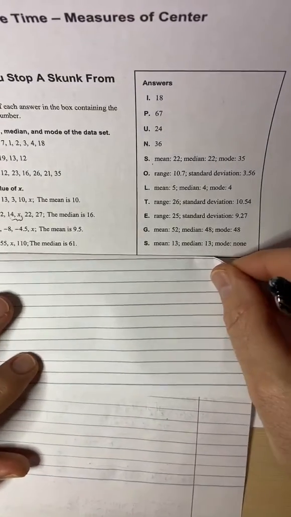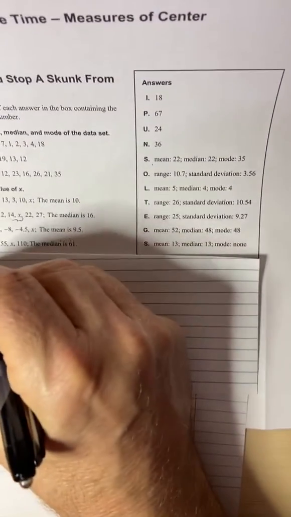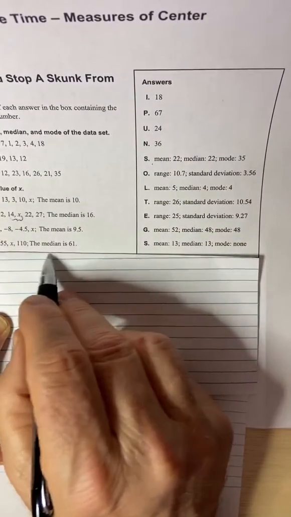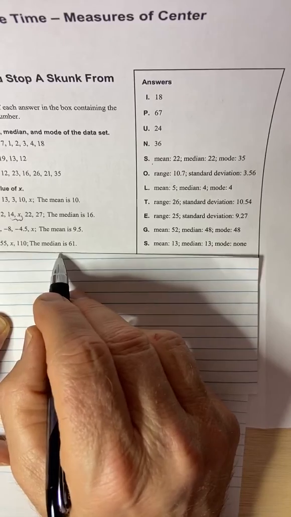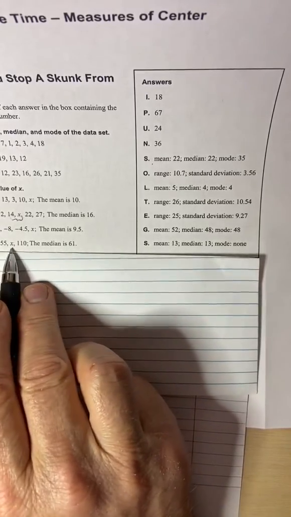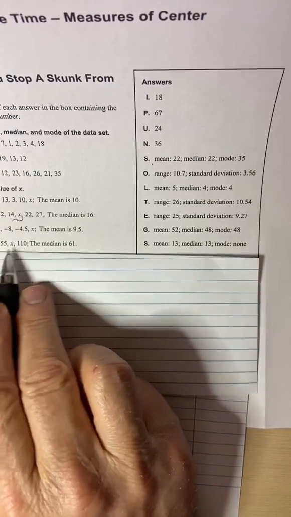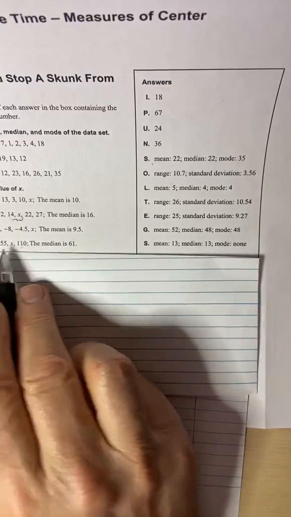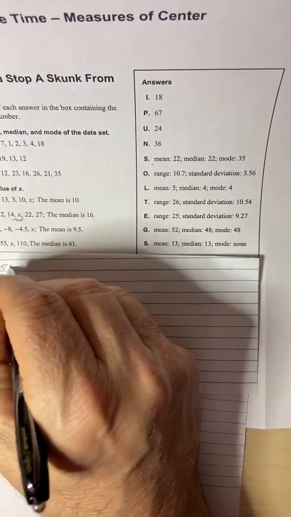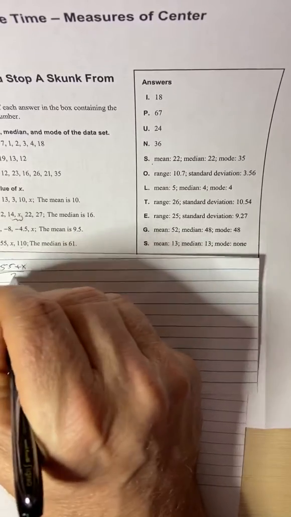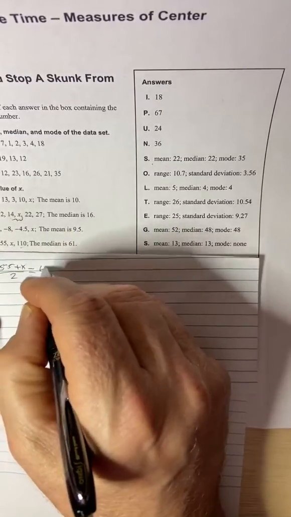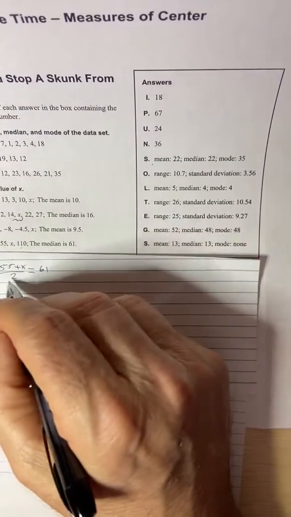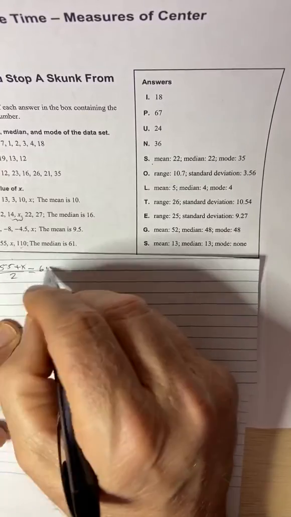Okay, here's number 7. And once again, we're finding the median. So it means that this number here, we got to find this one. So 1, 2, 3, 4. There's 4 numbers, so therefore these two together are the upper half, and these two are the bottom half. So I can say that 55 plus x divided by 2 equals 61. Just like the previous problem, you can simplify this by multiplying both sides by 2.